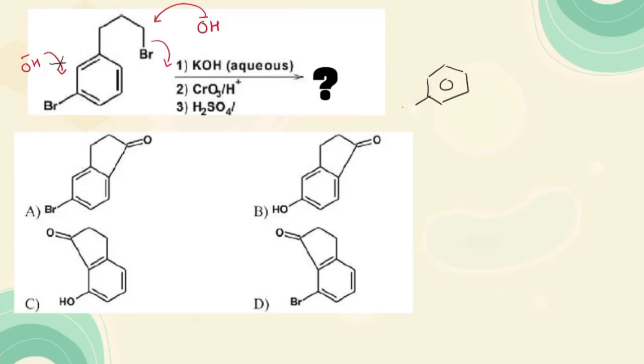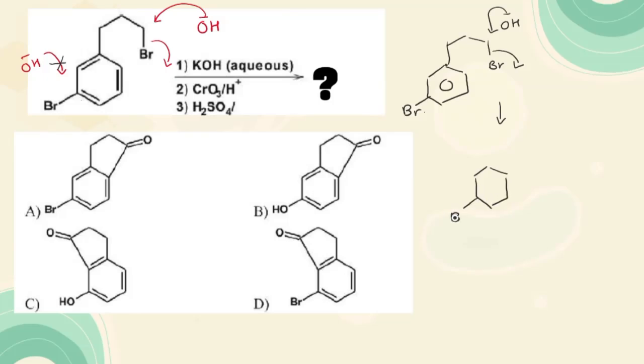You see, this bromine is intact. At the meta position, we have the alkyl chain. Now the OH minus is supposed to attack. So when it attacks, the bromine will leave and hence you're going to get a product something like this.